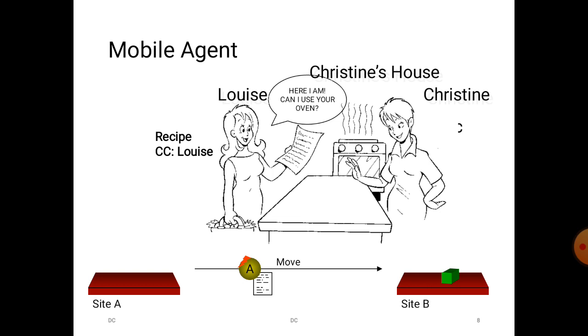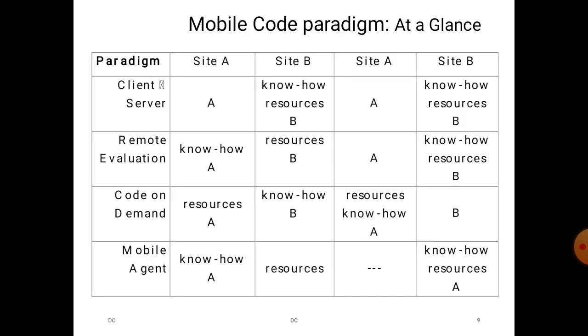So these are the four different types. Now let us tabulate them and see. You can see the paradigms on the left hand side: client server, remote evaluation, code on demand, mobile agent. Now let us see what happens. First, from site A, it sends a request to know how to do and the resources and everything, and the work gets done.